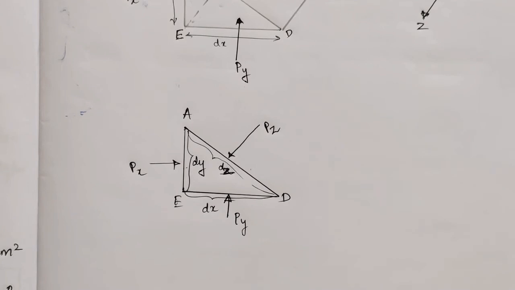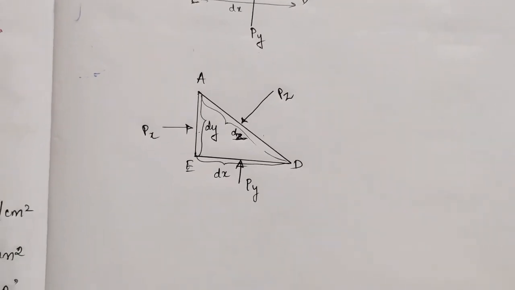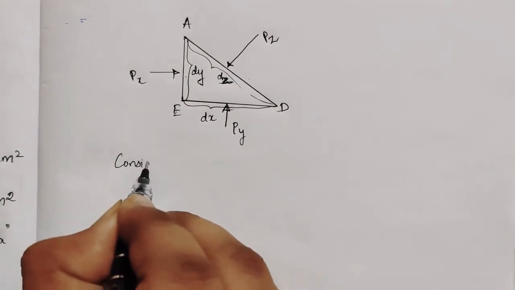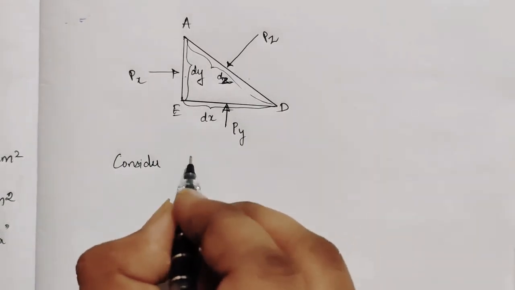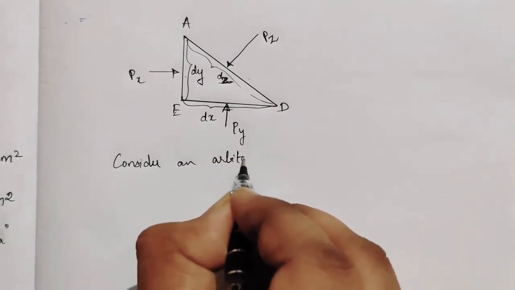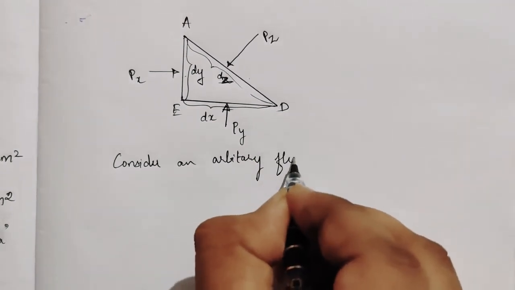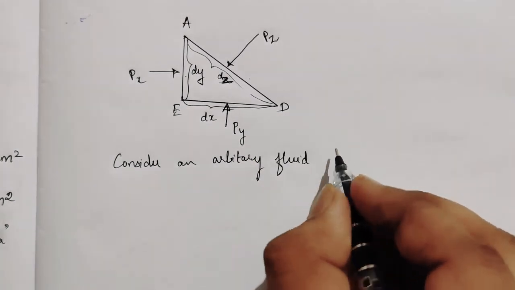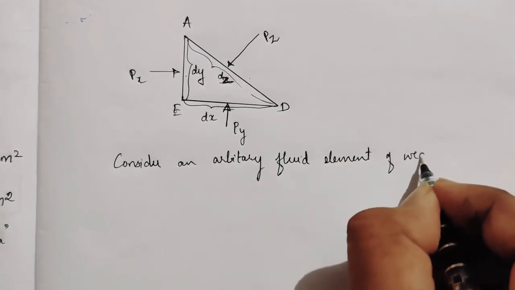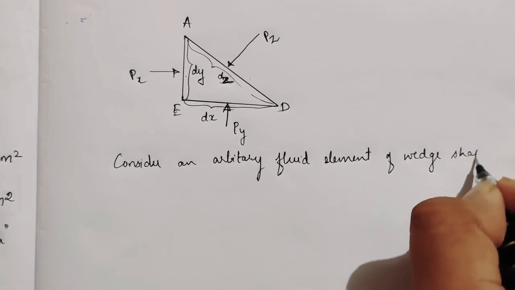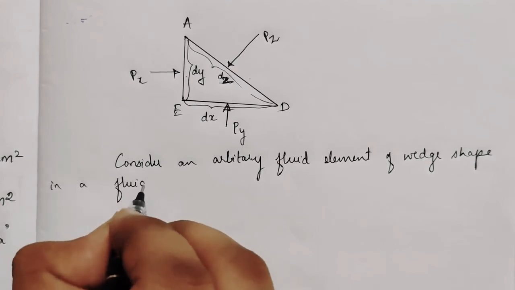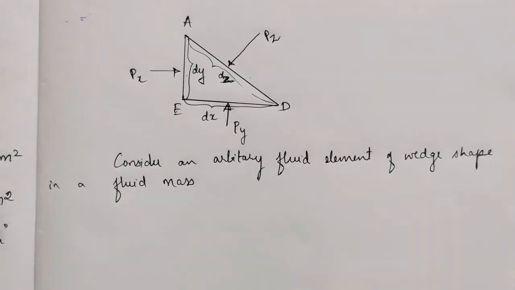Now we will write the theory, what we did and how we are going to proceed. Consider an arbitrary fluid element of wedge shape in a fluid mass.